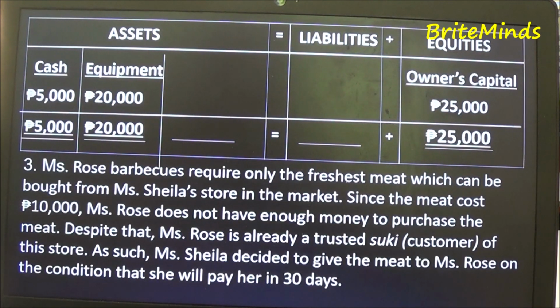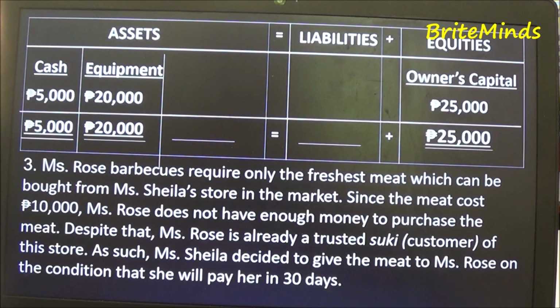We go to the third transaction. Miss Rose Barbecues requires only the freshest meat, which can be bought from Miss Sheila's store in the market. Since the meat costs 10,000 pesos, Miss Rose does not have enough money to purchase the meat. Despite that, Miss Rose is already a trusted suki or customer of this store.